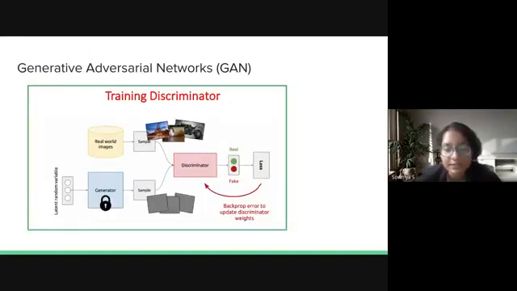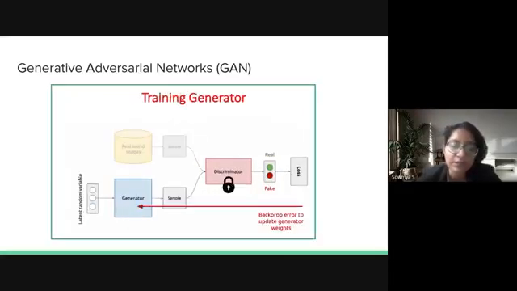So how do we train this? Initially, we lock the weights of the generator and we train the discriminator. So there are some weights, and we simply use the discriminator to show whether pairs are real or fake.